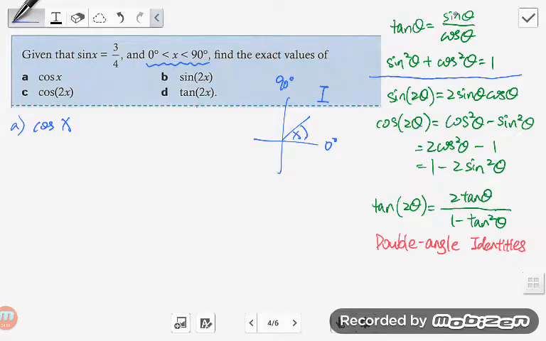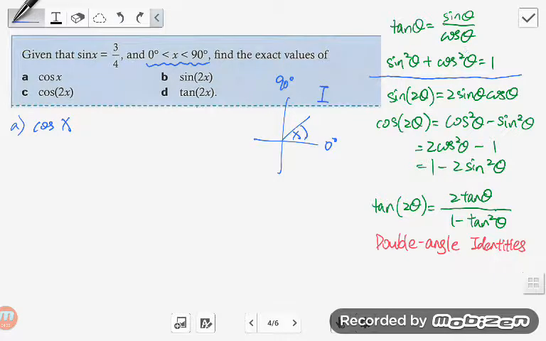Okay. So now I'm gonna look at the formulas that I can use. Tangent theta equals sine over cos theta. Well, I don't have tangent. That's a question mark. And my cosine theta is something we have to find, which means that's also a question mark. The only thing that I know right now is sine, right? So I have 2 question marks here. That's not good. I'm not going to use that.